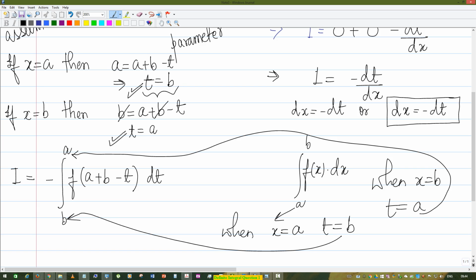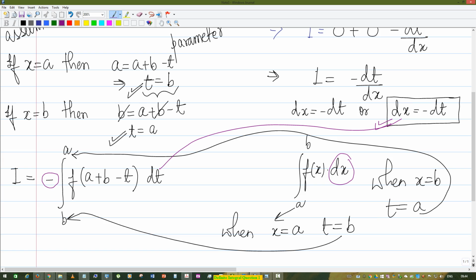And we know how this negative sign came. We had the differential coefficient dx is equal to minus dt. So when we replace dx, initially we had dx and now we have replaced it with dt, so dt came along with a negative sign.